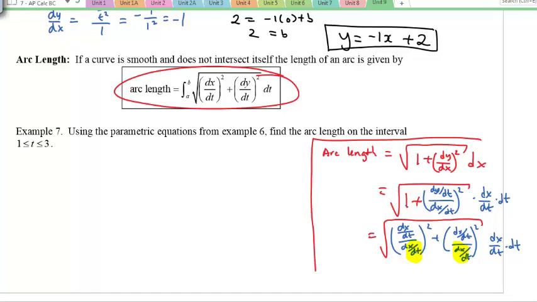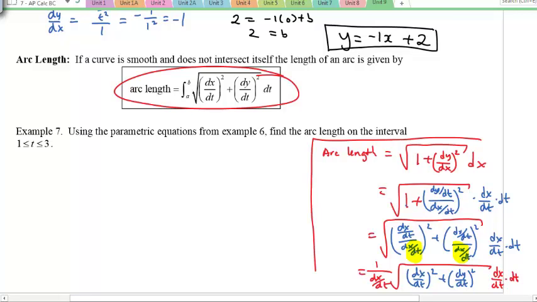So I'm going to take that out of the square root sign to give me just 1 over dx/dt. What you have left over inside is the dx/dt all squared plus the dy/dt all squared. And you've got the dx/dt with this dt. And I hope you can see goodbye, goodbye, and you're left with our lovely formula here.